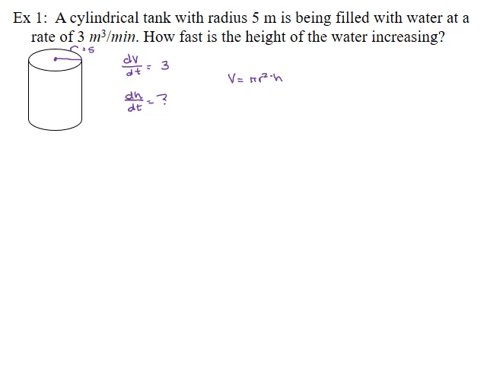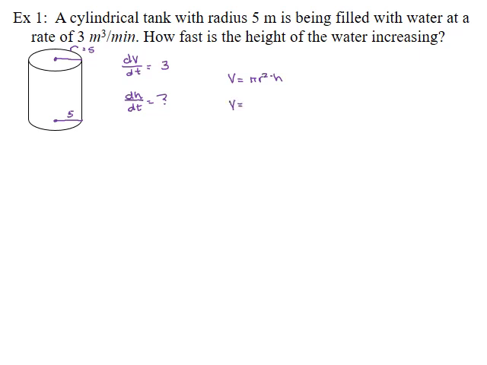Now, we're going to eventually take the derivative of this, but before you do that, I always recommend you try to plug in numbers that will not change. While the volume is changing and the height is changing, the radius of the cylinder never changes. It's going to be 5, whether you're at the bottom, the top, or anywhere in the middle. So any fixed numbers, such as this 5, you are allowed to go ahead and plug in.